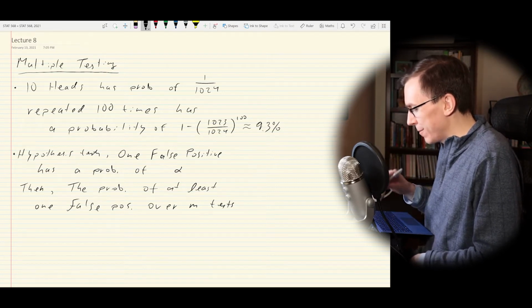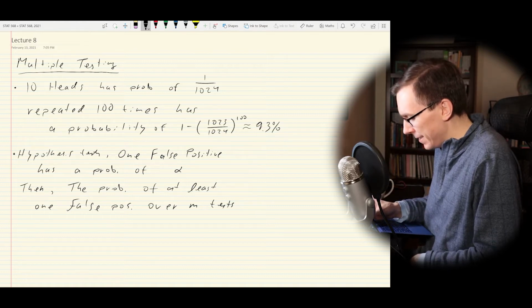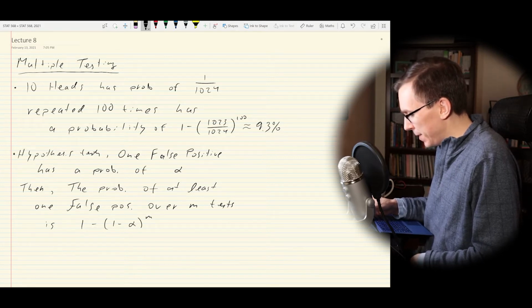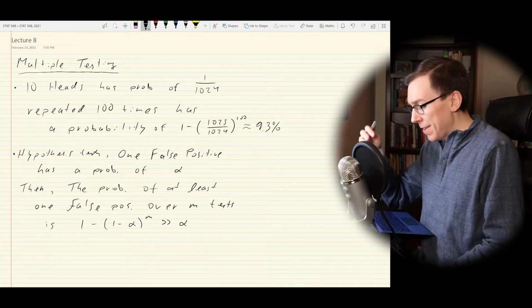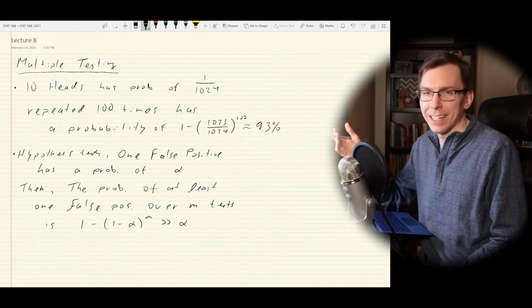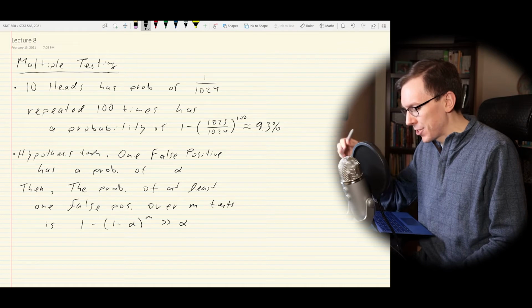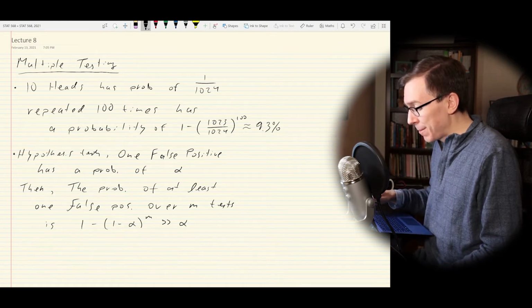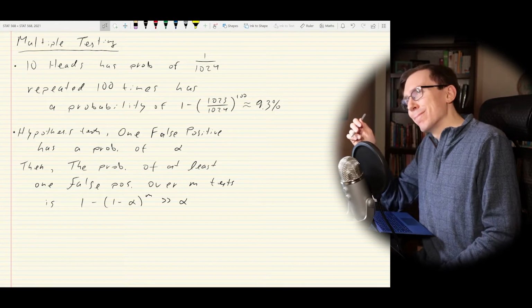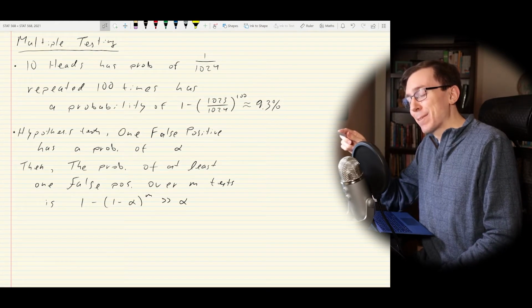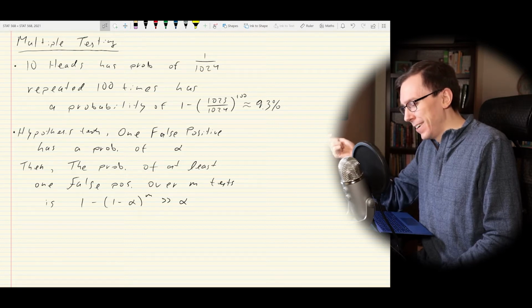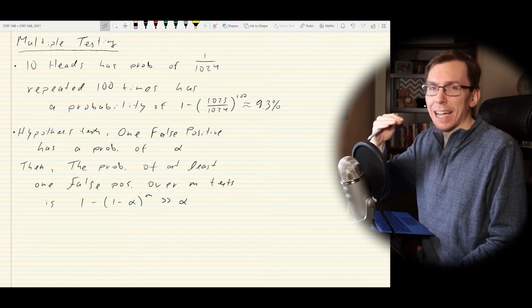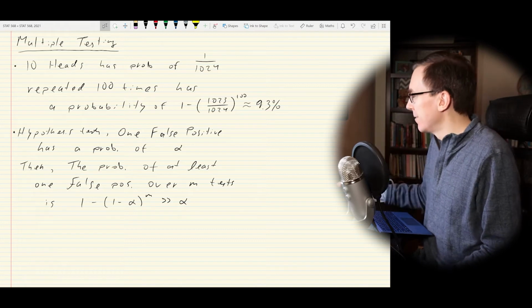The probability of at least 1 false positive over the M tests is 1 minus (1 minus alpha) to the M, which is typically much, much bigger than alpha. If M is equal to 1, you can see that everything kind of cancels out and you're back to just alpha. But very quickly, you start to get numbers that are bigger than alpha, the desired false positive rate or size or threshold for our test.